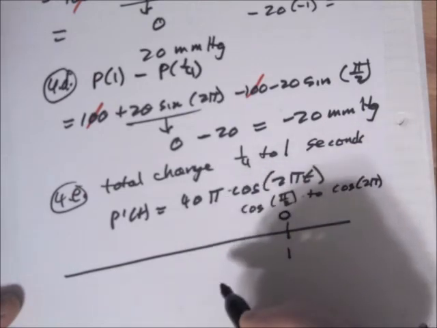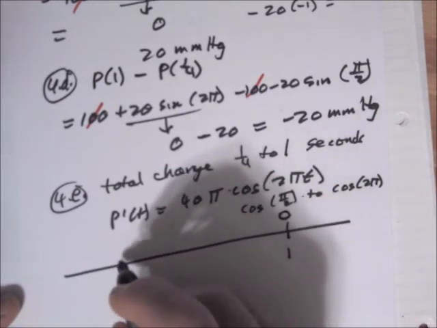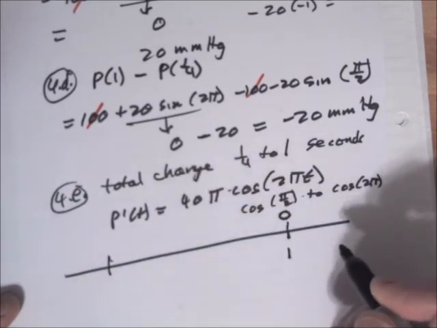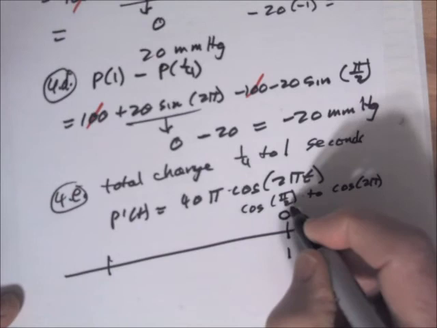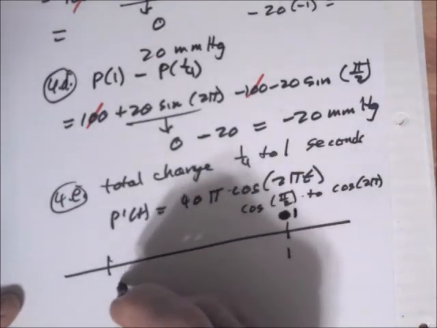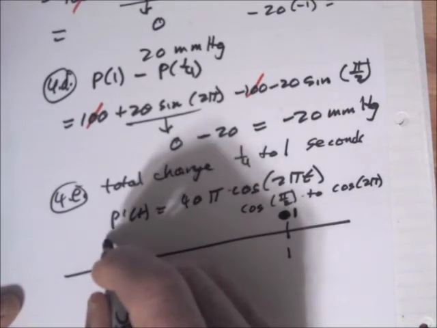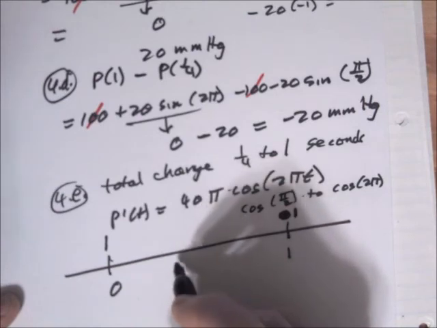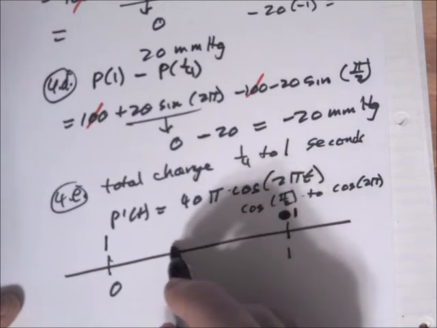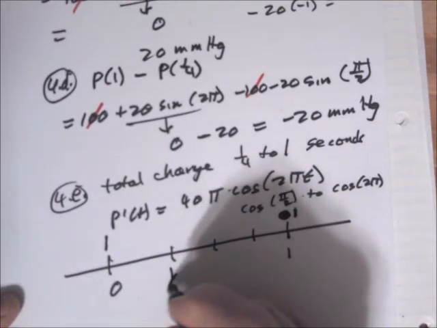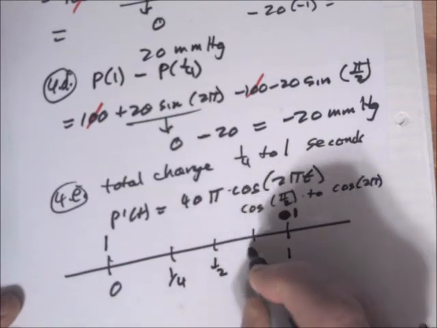At time 0, cosine of 2 pi is 1, and when t is 1, cosine of 2 pi is 1. Okay, so we had 1/4, 1/2, 3/4.